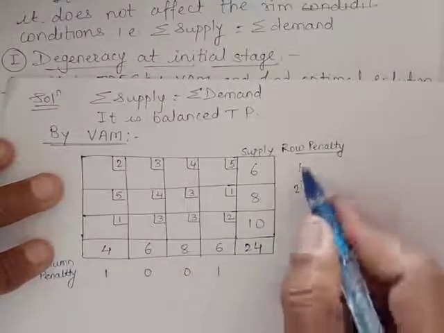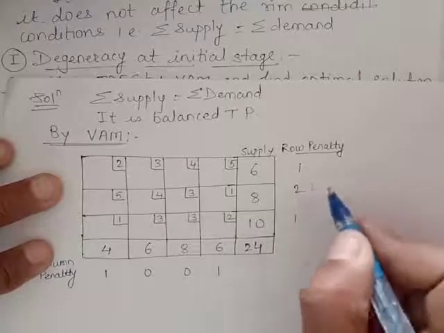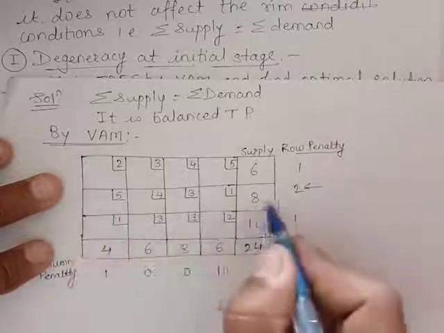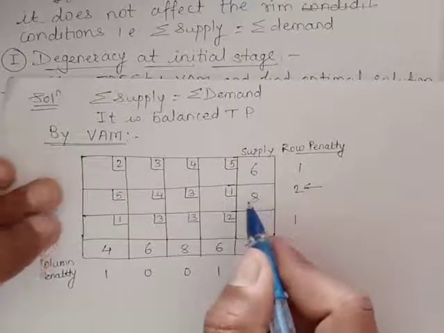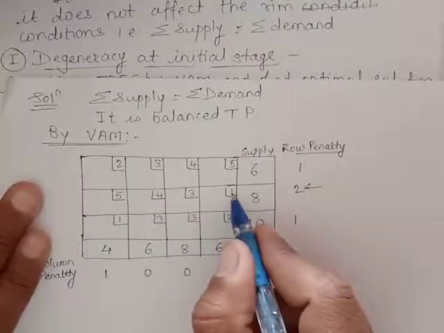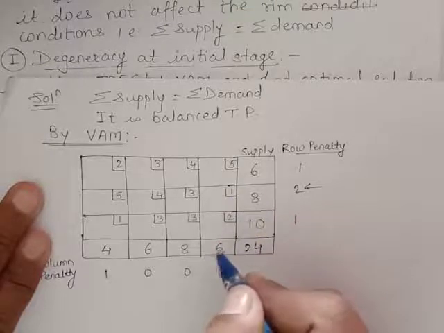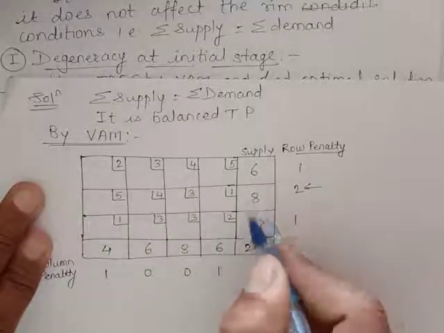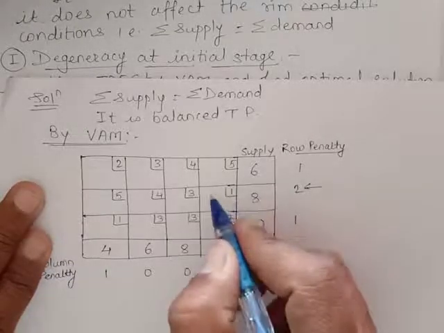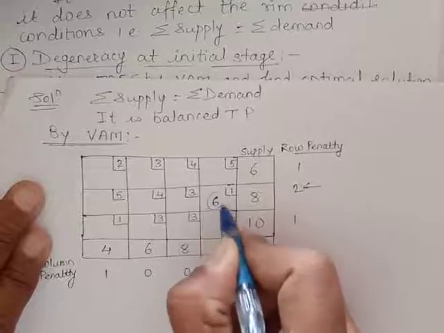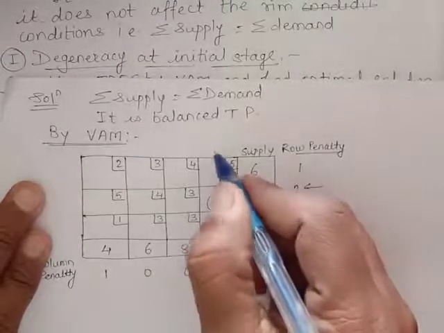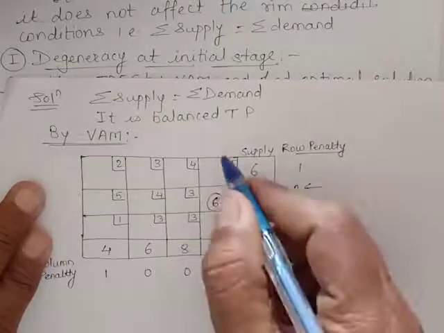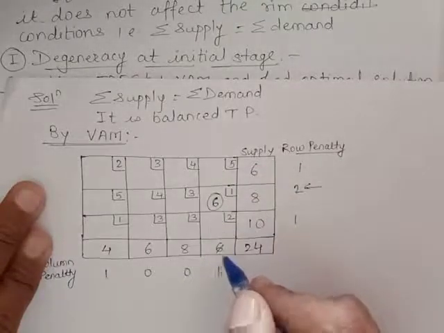So the highest penalty among these is 2. So our first allocation is in this row. Here the lowest cost is this 1, so allocation is in this cell. For this cell the allocation is the minimum of 6 and 8, so it will be 6. I will allocate 6 here. This 6 gets satisfied, so this column is cancelled.